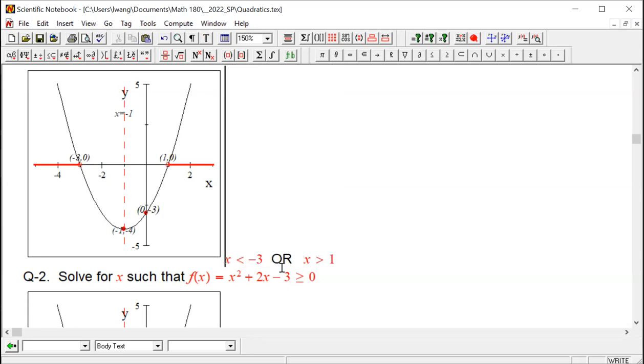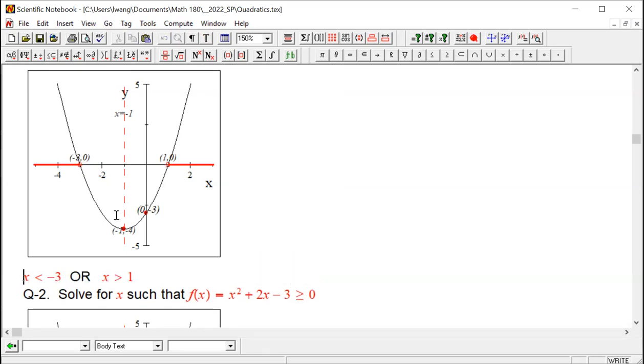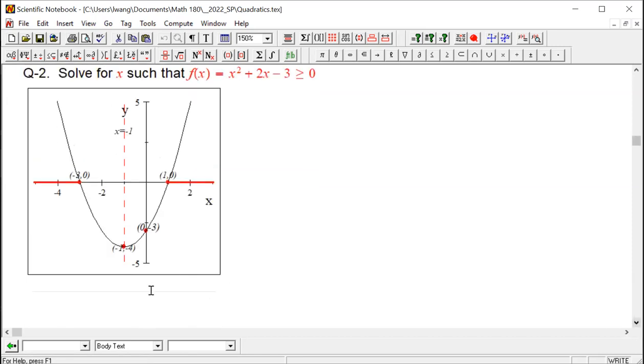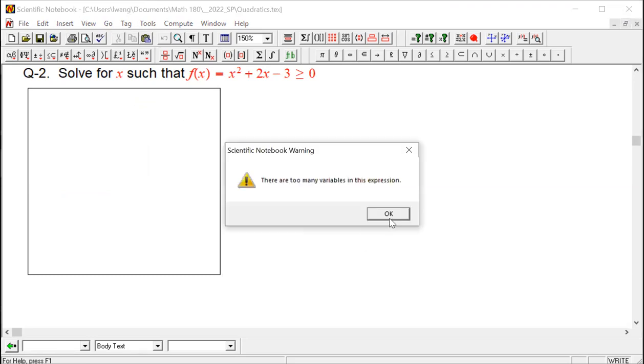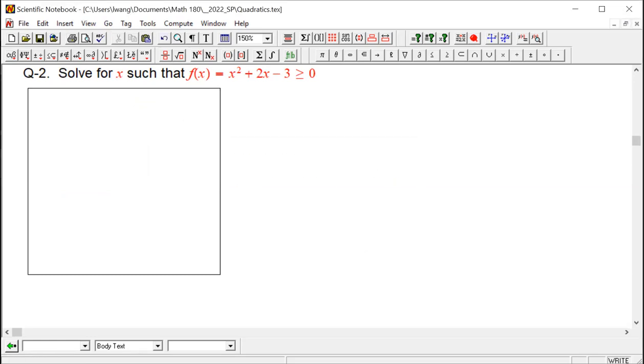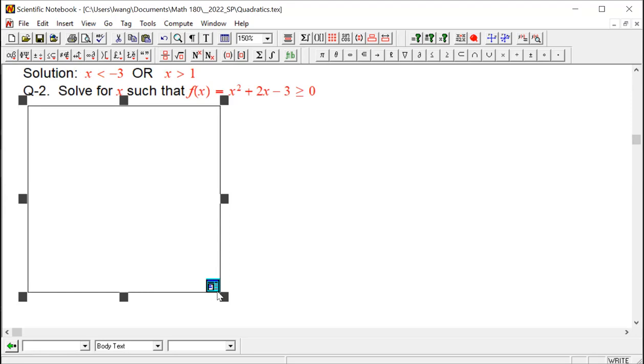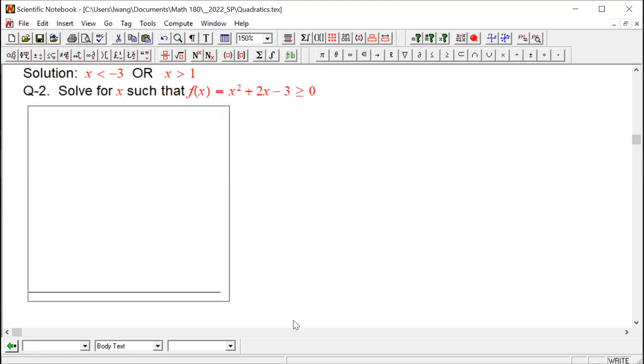Okay, so let me put this under. So solution for the previous one, and now the solution for this new one, question number 2, would be what? All right, sometimes the software has a little temperament.